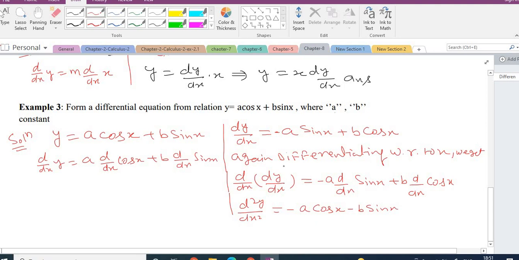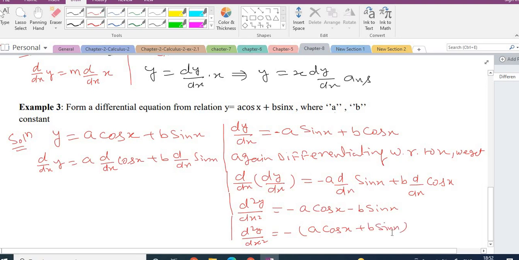Now the derivative process is finished, because we need to differentiate only two times since two parameters are given. After differentiation, we need to eliminate a and b. How can we do that? Very easy. If we write this as d2y/dx2, keep minus common, so in the bracket we get a cosine x plus b sine x.